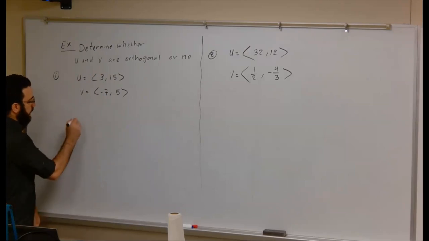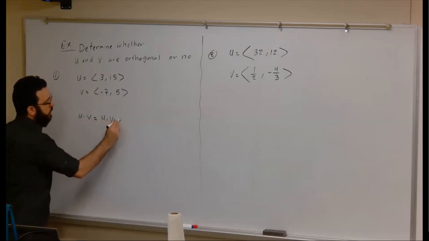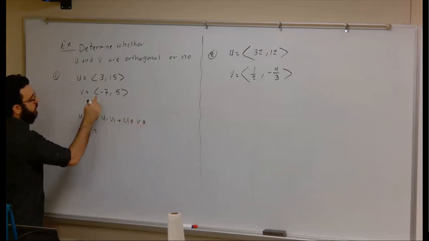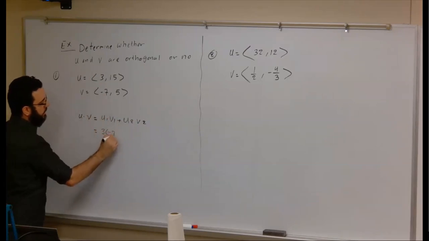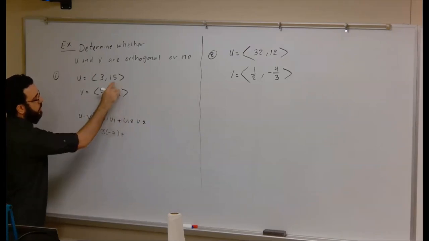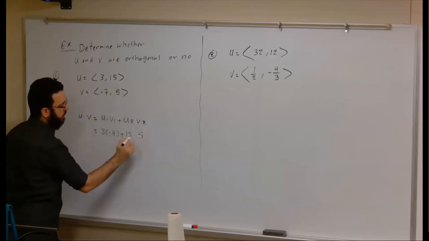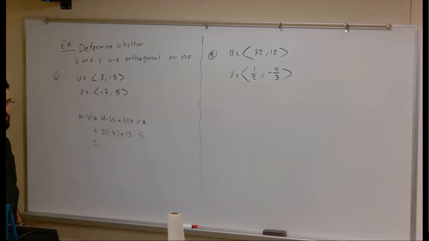U dot product with V equals U1 V1 plus U2 V2. That means U1 times V1 is -7, plus U2 times V2 is 5. Now tell me, is that equal to 0?